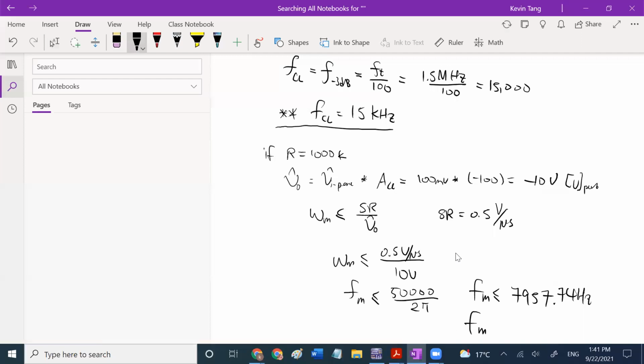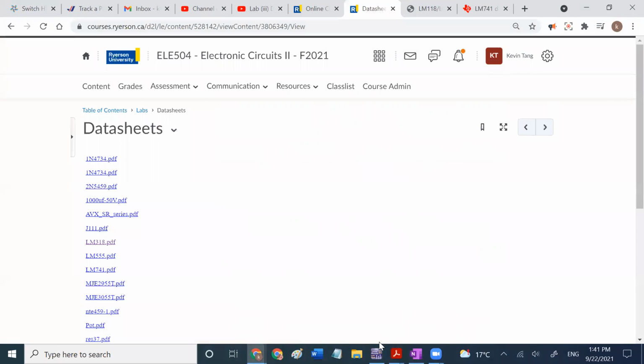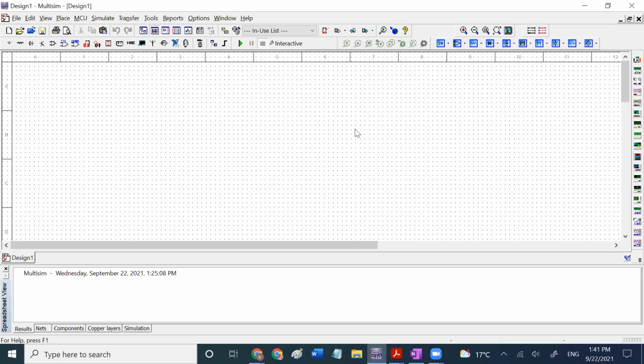That means our FM is less than 7.958 kHz. So we got 2 values, the closed loop bandwidth one and this one. Obviously, we choose the smaller one, so that's the effective one. 7.958 kilohertz is the one that we need. Now let's go to the lab.